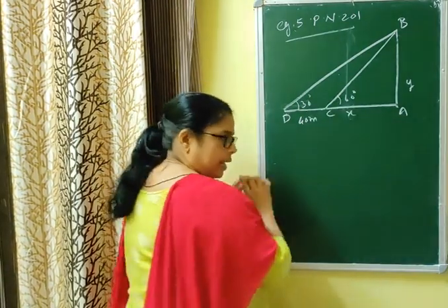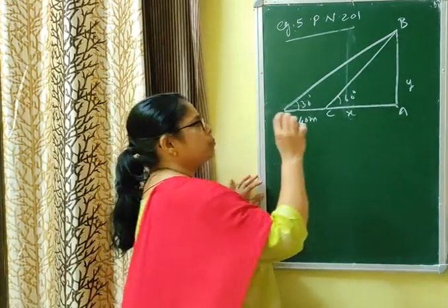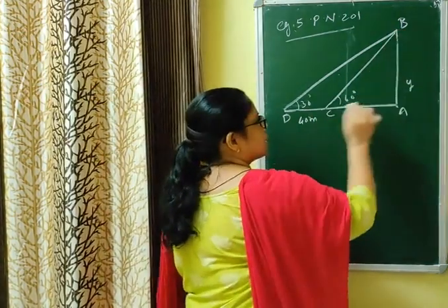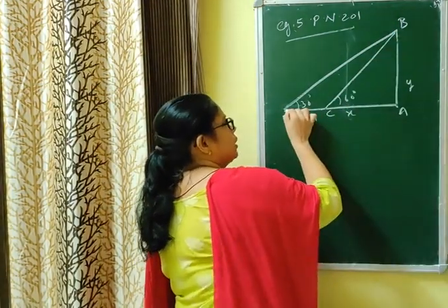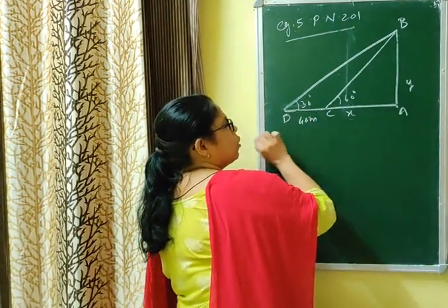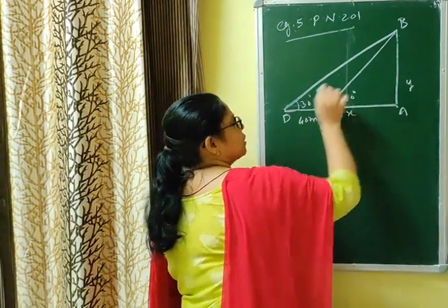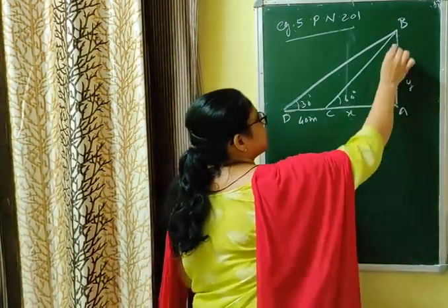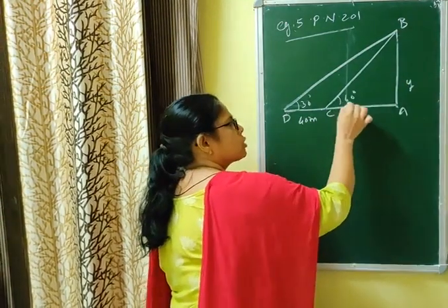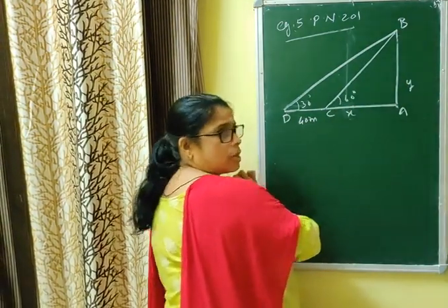एक टावर है, AB is the tower, तो इसका शेडो यूं आएगा. 30 डिग्री में जो शेडो आ रहा है उसका शेडो ये है. This is tower, this is shadow. 30 डिग्री में जो शेडो आ रहा है वो 60 डिग्री में जो शेडो आ रहा है उससे 40 मीटर ज्यादा है.